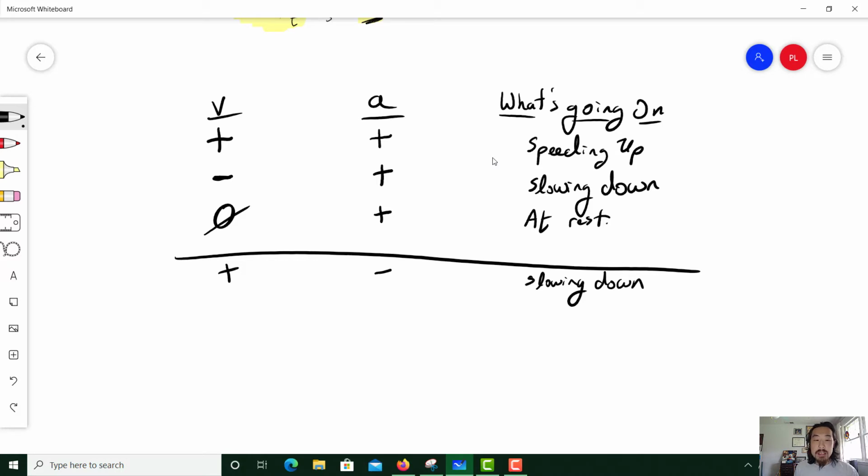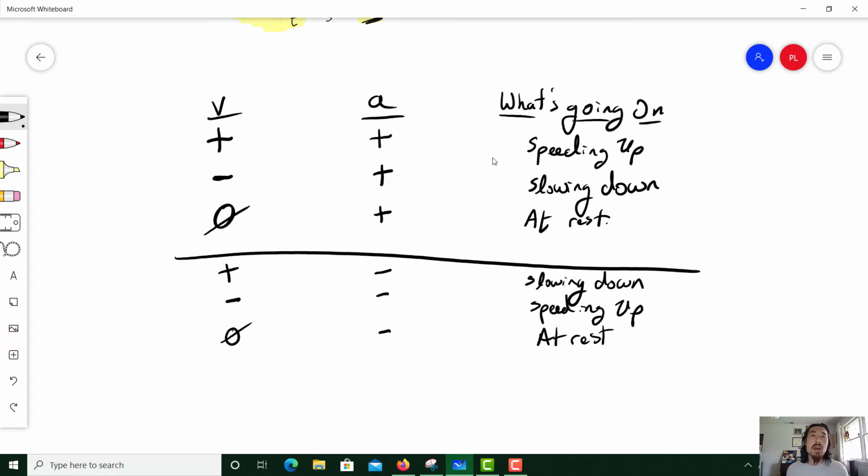If we have an object that is moving in the negative direction, and something is causing it to accelerate also in the negative direction, then the object is speeding up. If we have an object that is at rest, zero velocity, and it has a negative acceleration, then we say that it is still at rest.